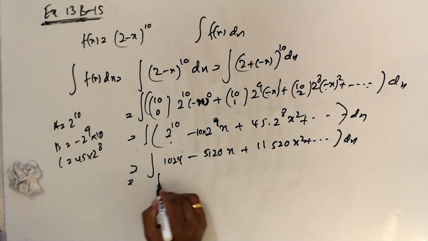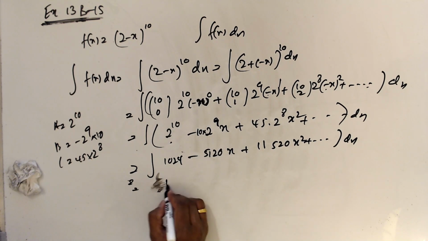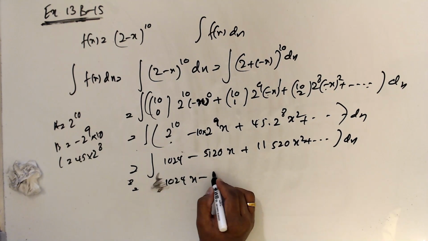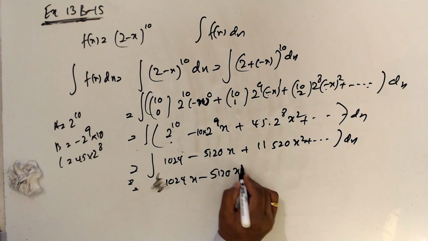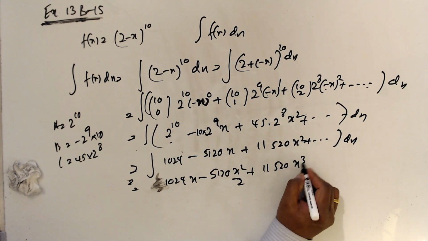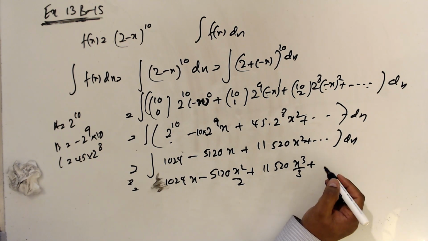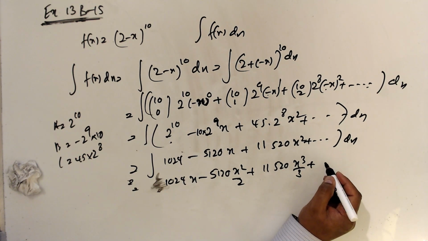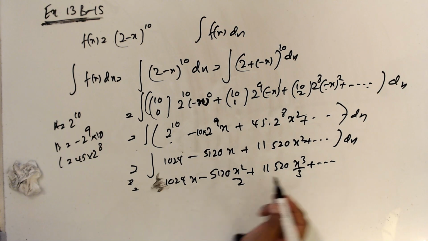Then when you integrate this one, 1024x minus 5120 x squared over 2, plus 11520 x cubed over 3, plus dot dot plus c.